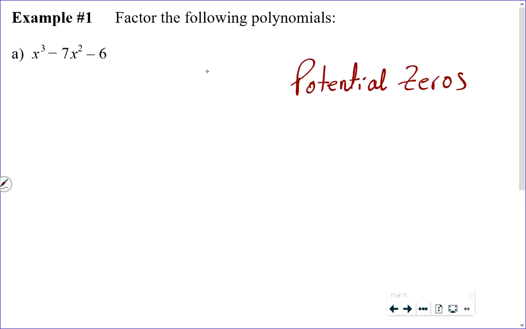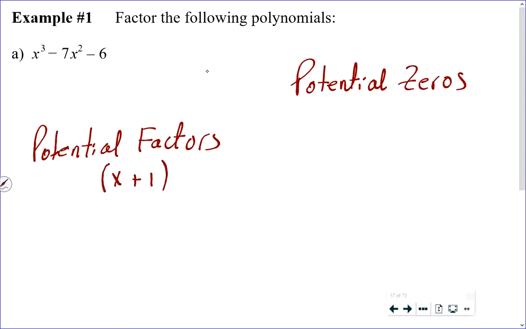Which means, and I really don't want you to write this down, I suppose you could if you wanted to, I could write potential factors. I don't. I'm going to write it here and then erase it. Potential factors would be all of these. Would be x plus 1, because negative 1 is a factor of negative 6. Would be x minus 1, because 1 is a factor of 6.